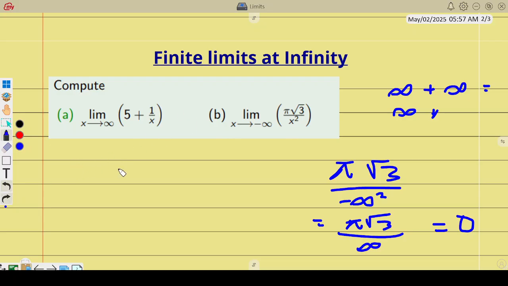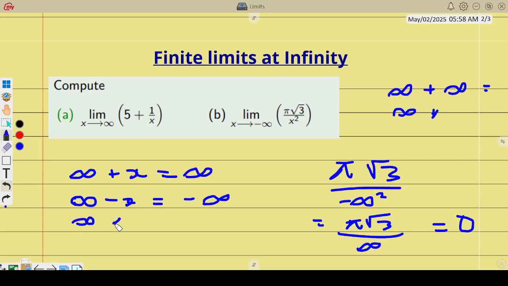So just a quick recap. Infinity plus any number is infinity. Infinity minus any number, it will just go on decreasing and decreasing, negative infinity.